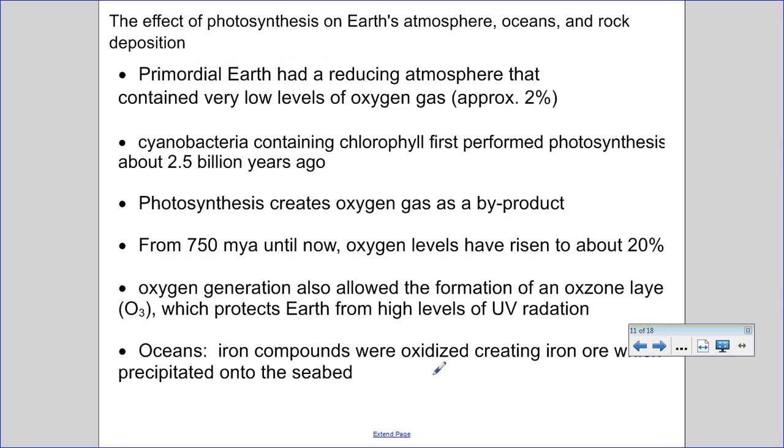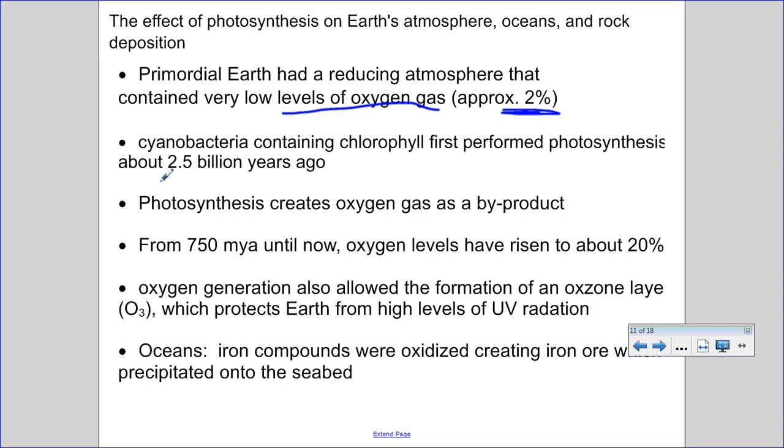So now, in that process of photosynthesis, as this has been happening for millions of years, or billions of years, this has had an effect on Earth's atmosphere, oceans, rock, and rock composition. So primordial Earth, that very early Earth, had a reducing atmosphere that contained very low levels of oxygen gas, approximately 2% of the atmosphere was oxygen gas.